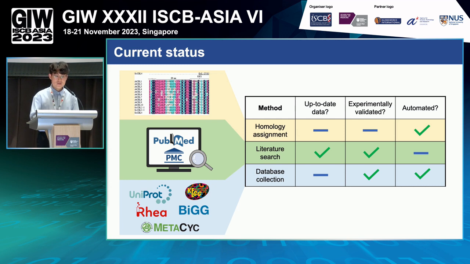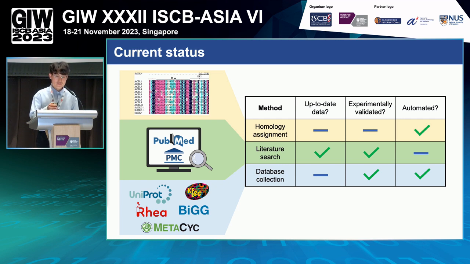And the third one is collecting the information from databases which have accumulated the relevant data up to a specific time point. Each method has its own pros and cons. The sequence alignment method can be the fastest way, but the result is not verified experimentally.